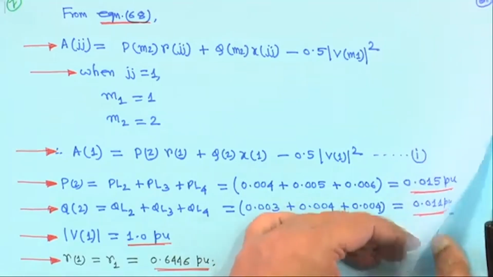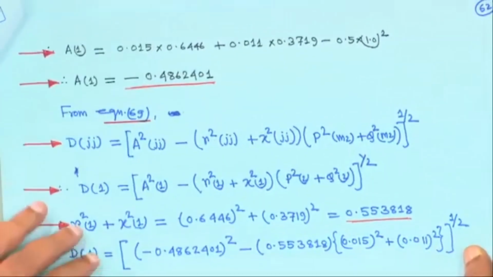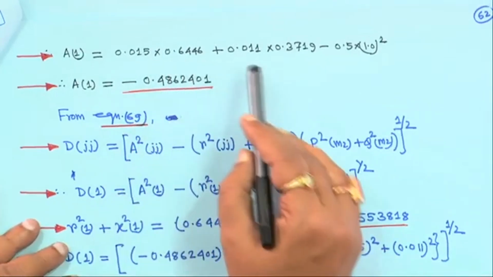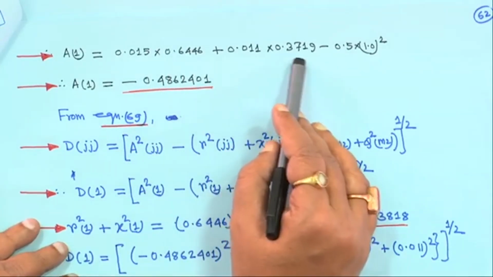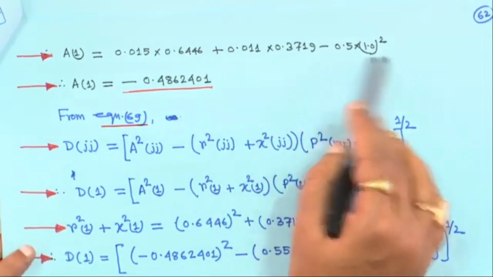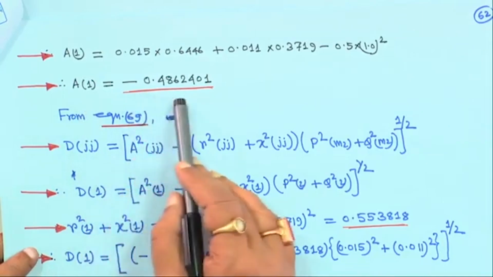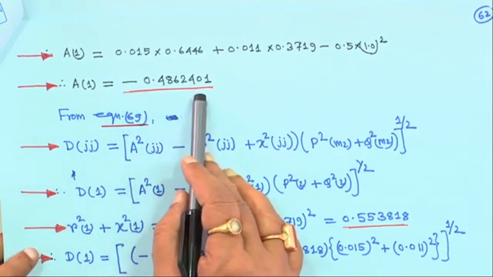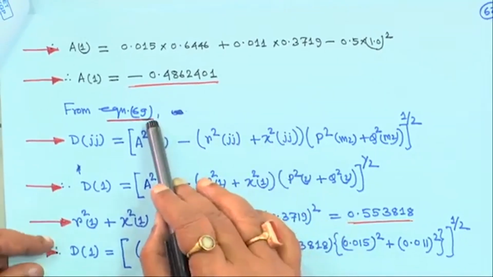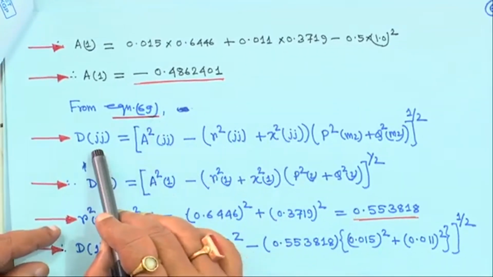If you do so, A1 will be 0.015 into 0.6446 plus 0.011 into 0.3719 minus 0.5 into V1 square, that is 1 square. It will become A1 equal to minus 0.4862401, right. And similarly, from equation 69, another term was there, Djj.